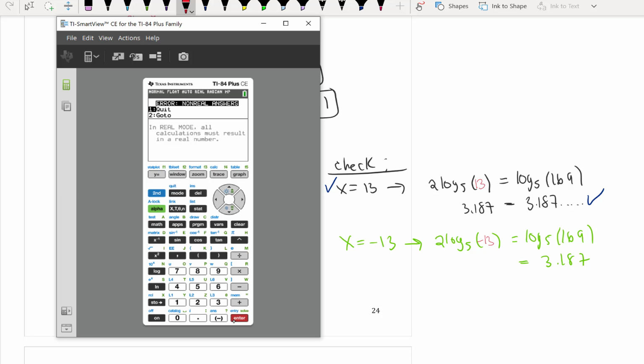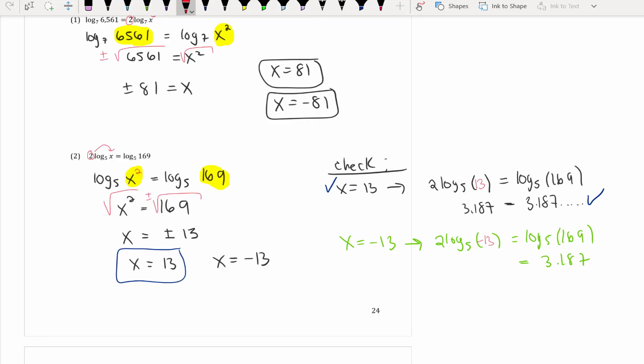The reason why is because the inside of the log must be positive. So x is equal to negative 13 did not work out. And this is because the inside of a log must be positive.